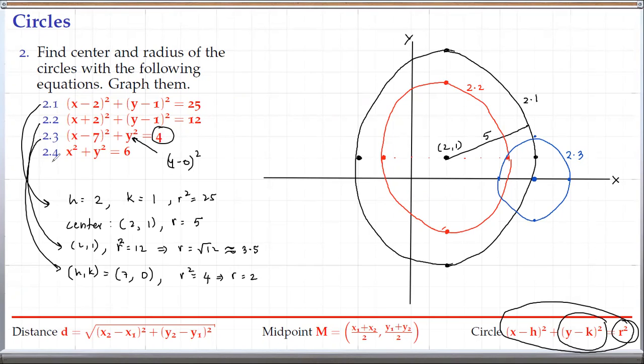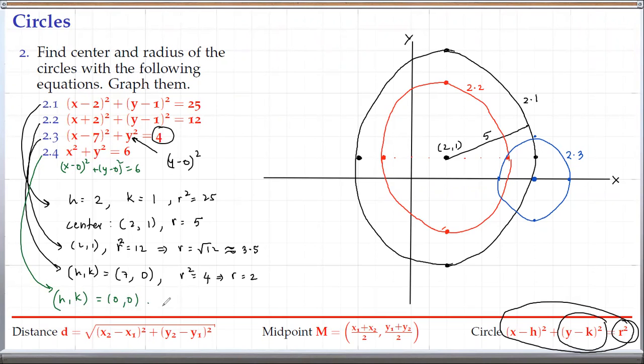Now the last one given here is x squared plus y squared equals 6. Again, we can write this as x minus 0 squared plus y minus 0 squared equals 6. So that means h and k are both 0 and 0. So the center is the origin, 0, 0.